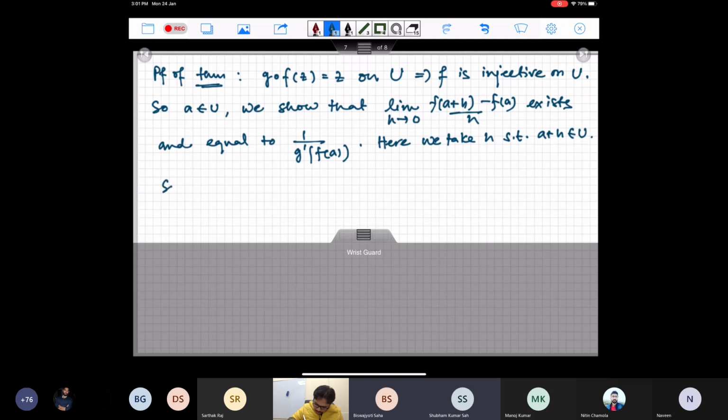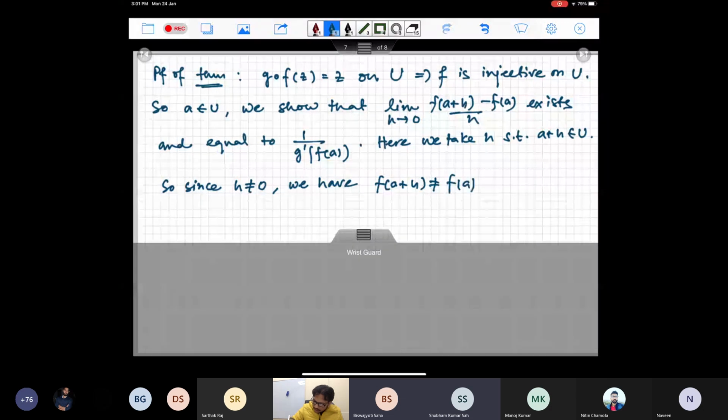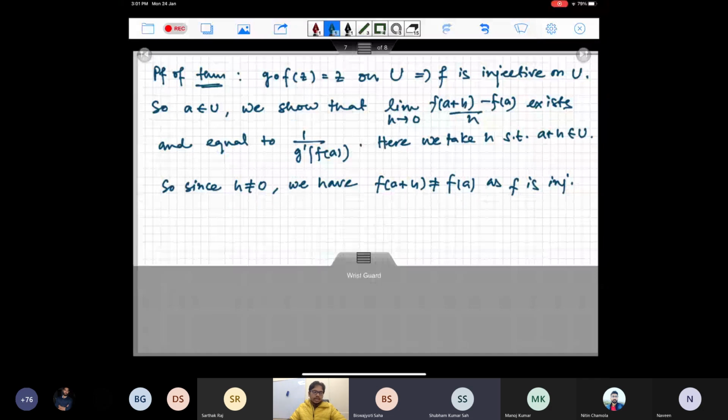Since h is not equal to 0, f of a plus h is not equal to f of a, as f is injective.